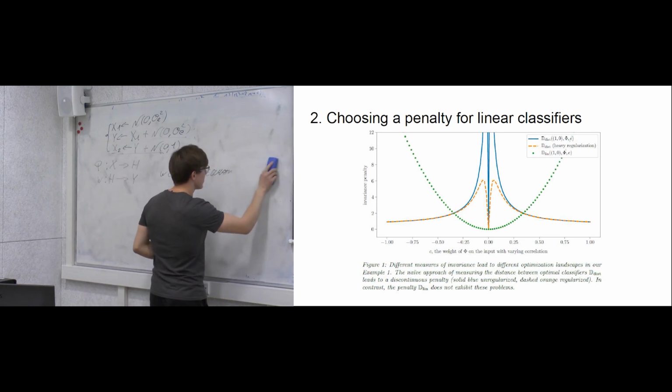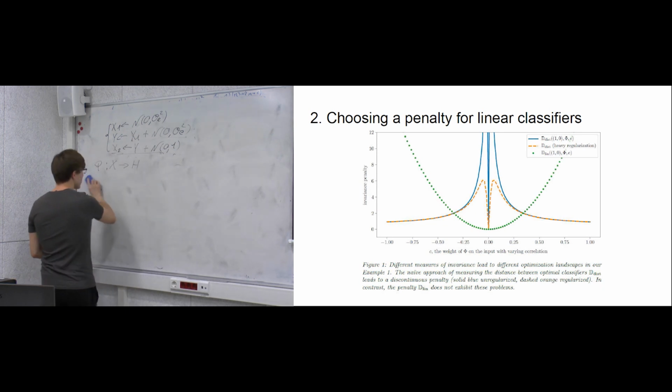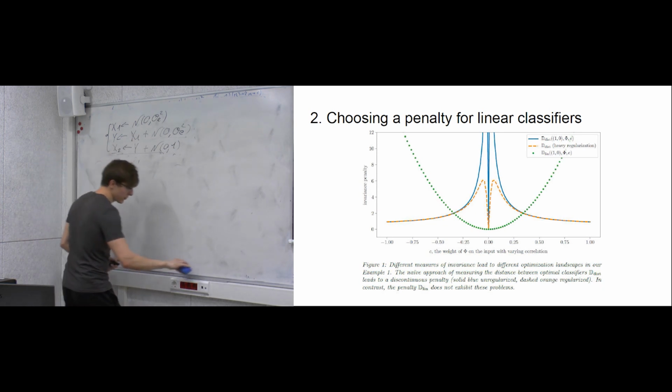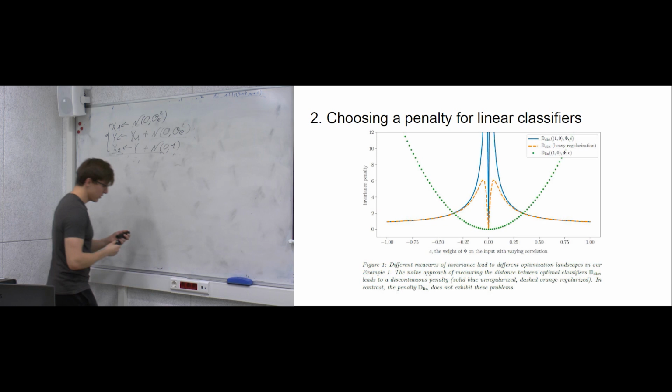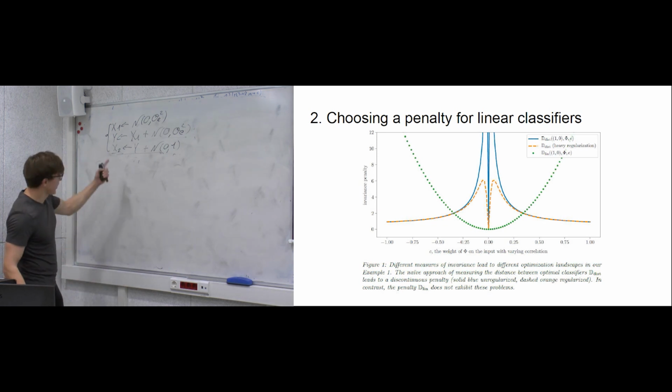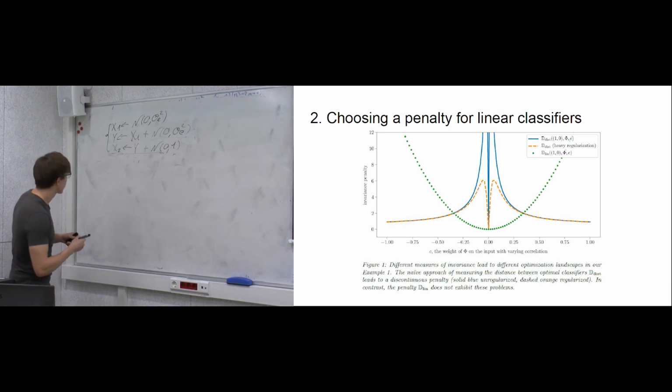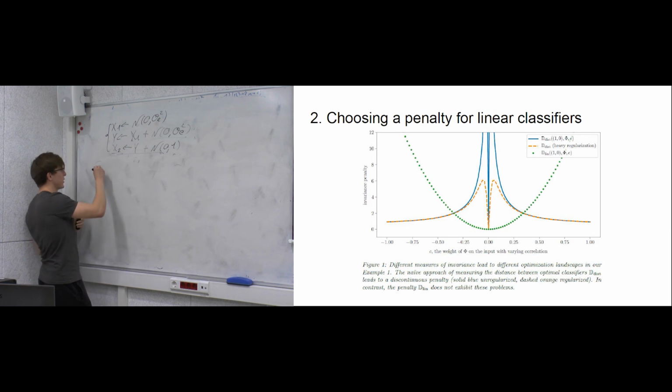Basically, those are plots of two penalties for the same example as we had. Assume that we are trying to find a very simple representation as follows.